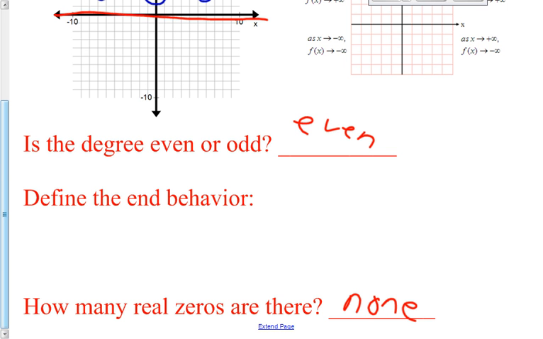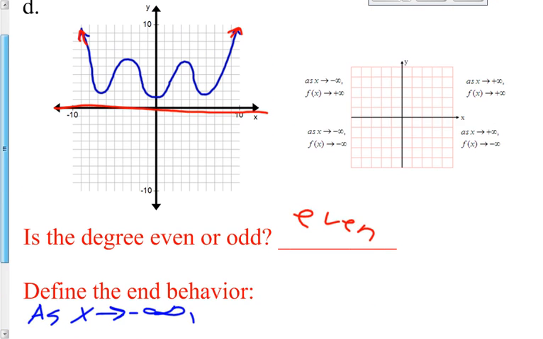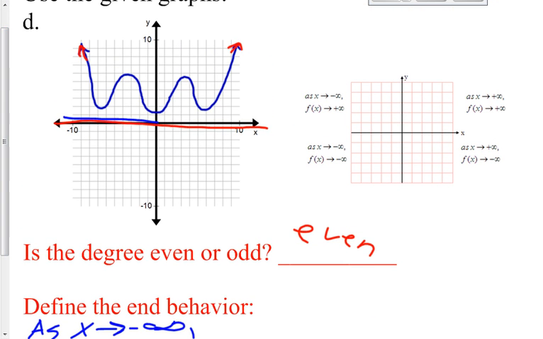And then we're going to put what happens as x approaches negative infinity, and what happens as x approaches positive infinity. So as x goes to the left, my y values go up.